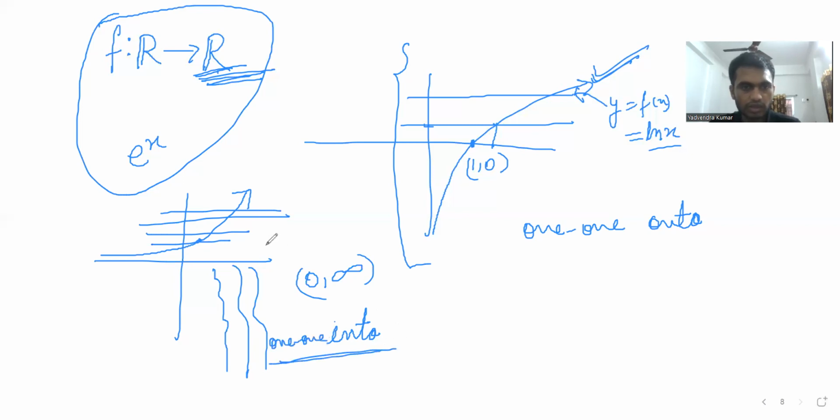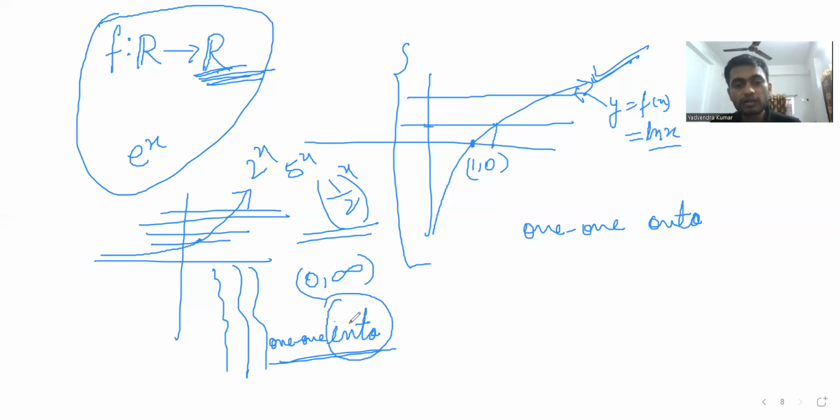One-one into: e to the power x, 2 to the power x, 5 to the power x, 1 by 2 to the power x. All of these are one-one into. But this into can be onto as well. But when?